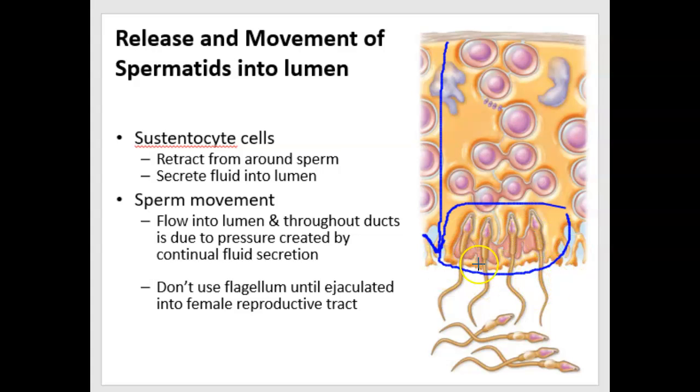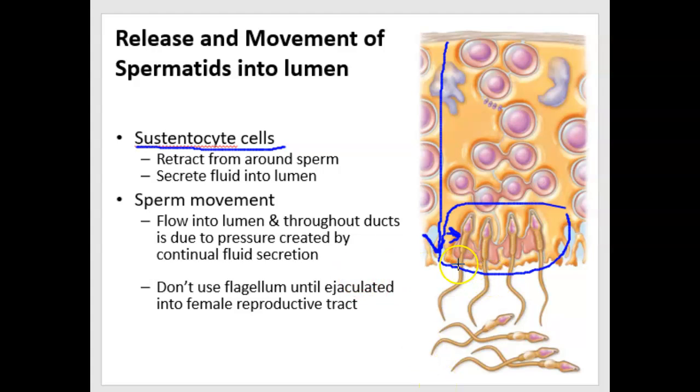But how do they release from this Sertoli cell that's surrounding them? The Sertoli cell, or the sustentocyte, retracts. At the same time, it secretes fluid towards the lumen and towards the cells.